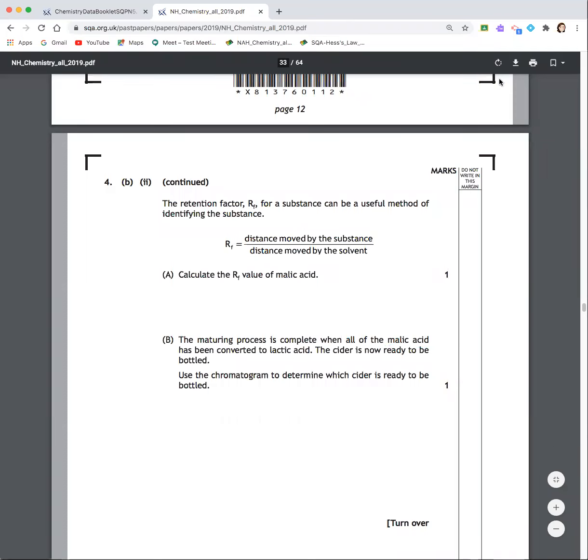So if we go back up to the chromatogram, these are the control spots here, number 1 and 2. So we're looking for a spot at 8.2, but no spot at 4.1. So the only cider that has a spot number 1 and not spot number 2 is number 4, so that's cider B.